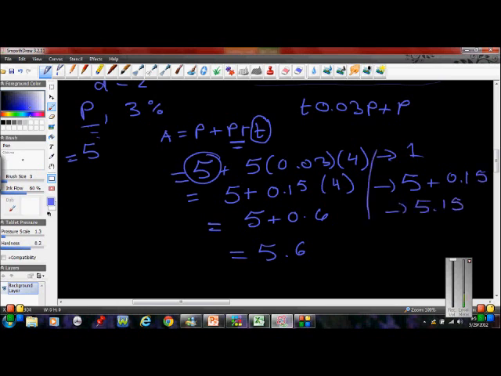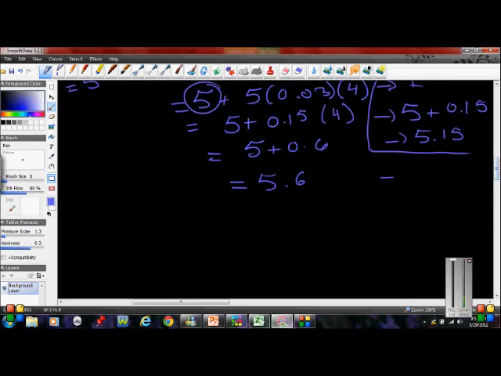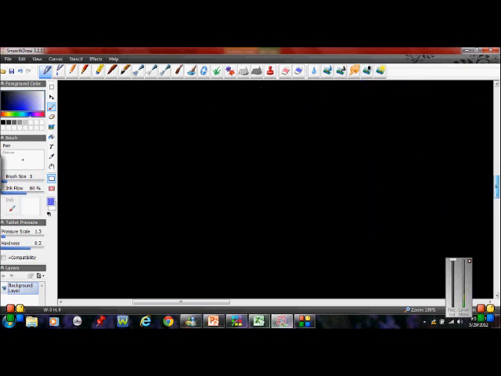And then next, let's say that your time is 2 years, so you put 2 here, right? That would mean that you're adding 0.15 twice, so that gives you 0.3, and that makes your value $5.30. And then let's do the last one too.